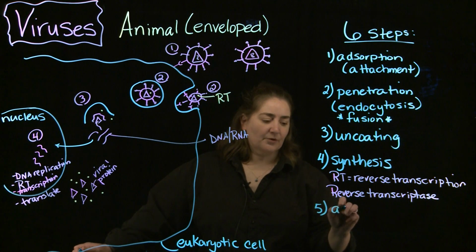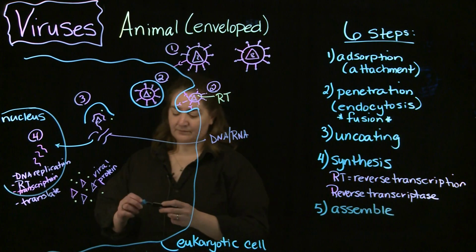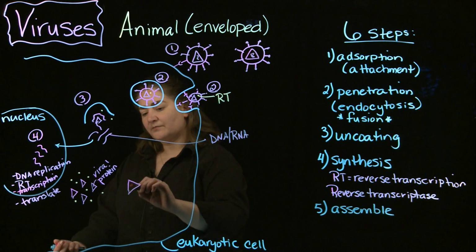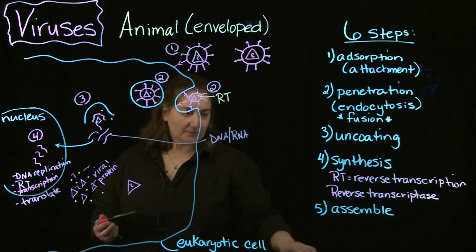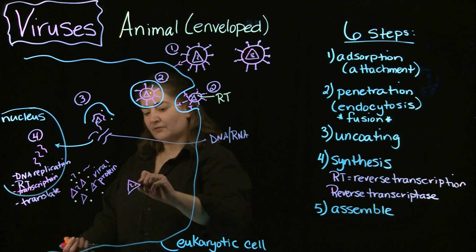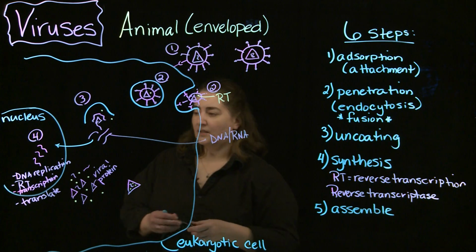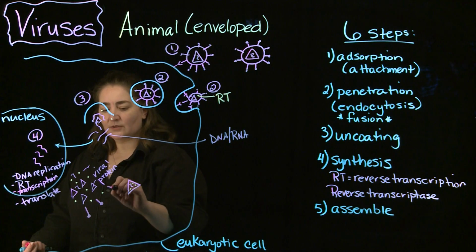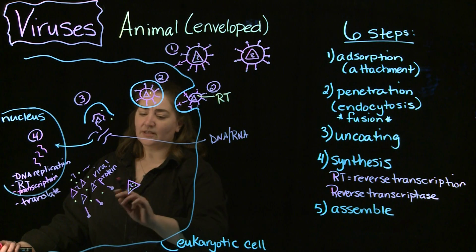Once we've got the components, they have to be put together. All right, so what ends up happening, you're going to get that capsid, you've got the genetic material, if we've got some reverse transcriptase that needs to go along, we'll put that in too, all right? Because this had spikes, those spike proteins would also be made, and what's kind of neat about that, those spike proteins actually don't associate with the capsid itself.